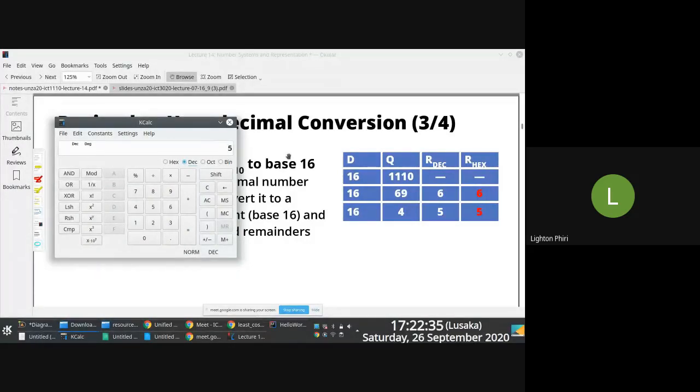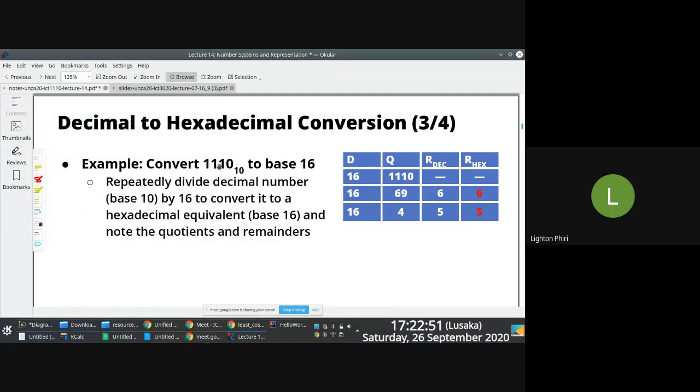It's much better, I guess, not as confusing. Remainder is 5. We repeatedly divide 4 by 16. 4 divided by 16, they said it can't or something, but we know here it's 0, remainder 4, right?